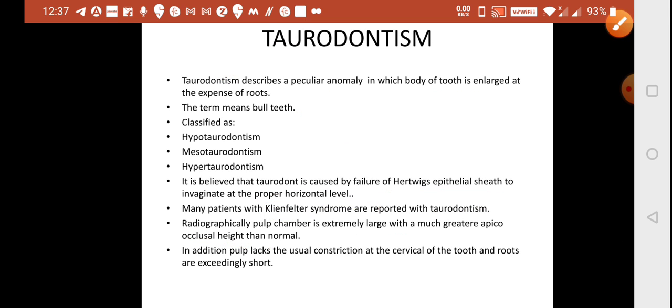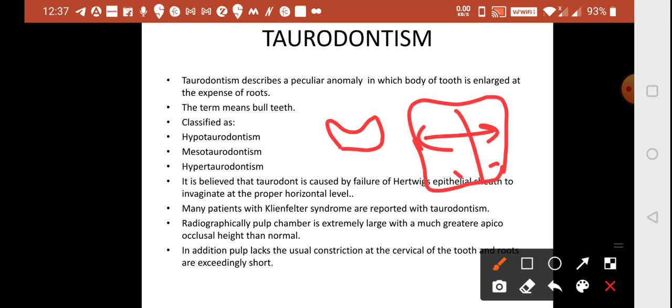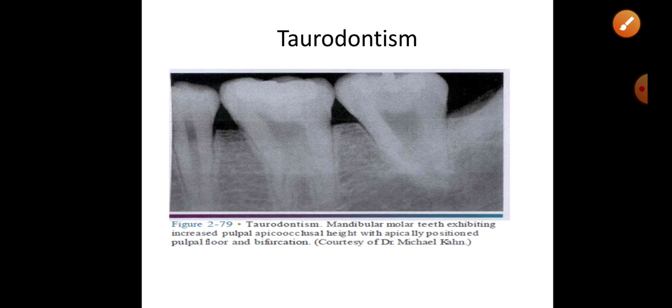So if the pulp chamber is this much in normal teeth, here it will be this much. The width will be increased and the height will also be increased. I'll be showing you in the picture in the coming slide. In addition, the pulp lacks the usual constriction at the cervical of the tooth, and roots are also extremely short. So this is also an important point to understand.